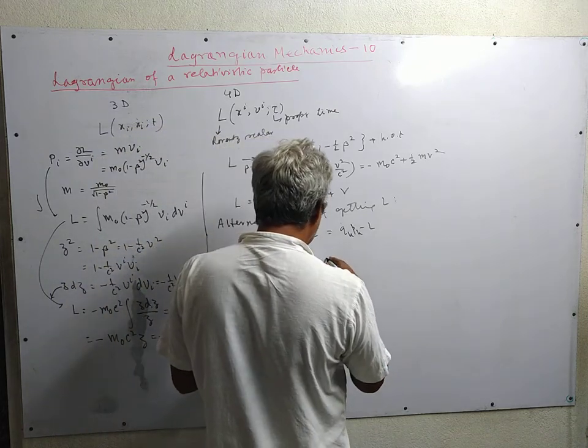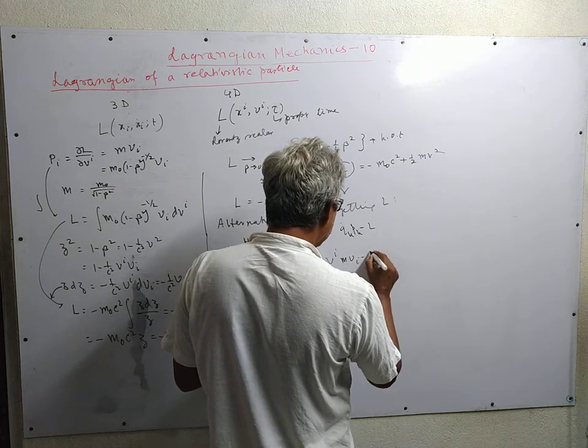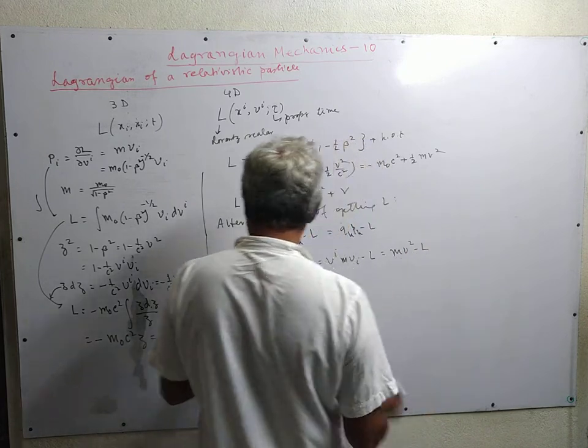This part we can write as v_i m v^i − L, so this is m v² − L.